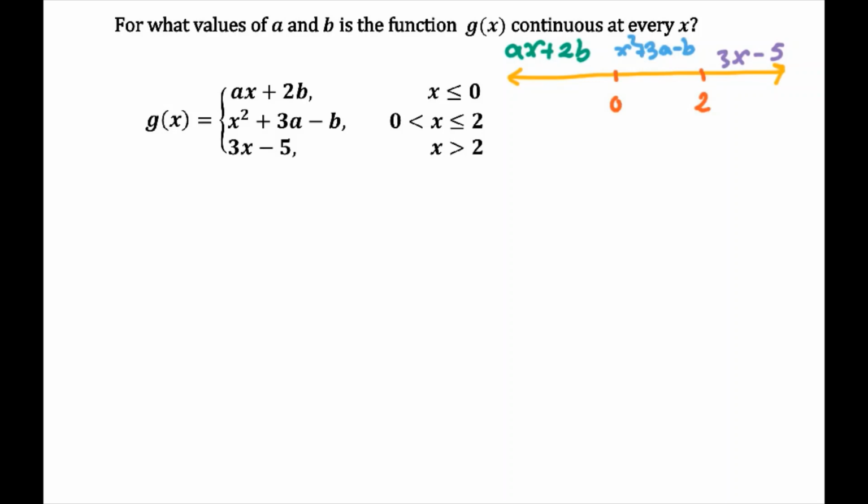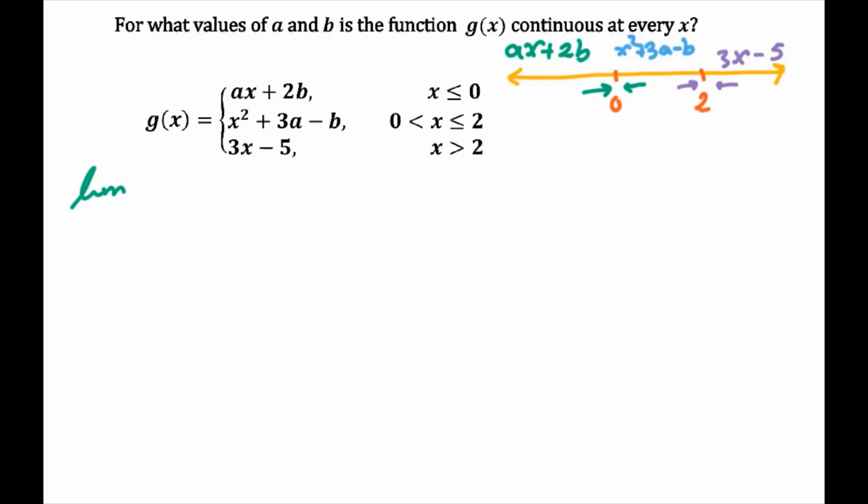Now, in order for g(x) to stay continuous, the limit as x approaches 0 from right and left should be equal, and the limit as x approaches 2 from the right and left should be equal. So we are going to study the limit twice, as x approaches 0 from right and left, and as x approaches 2 from the right and left. So let's start with 0 first.